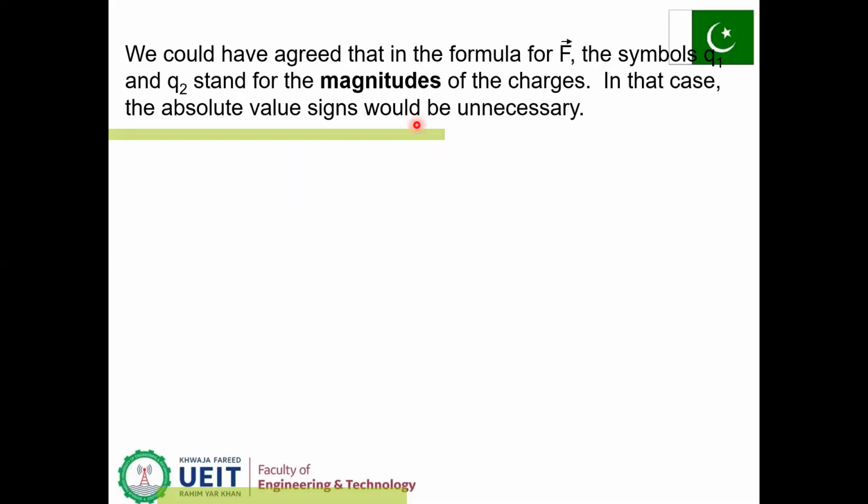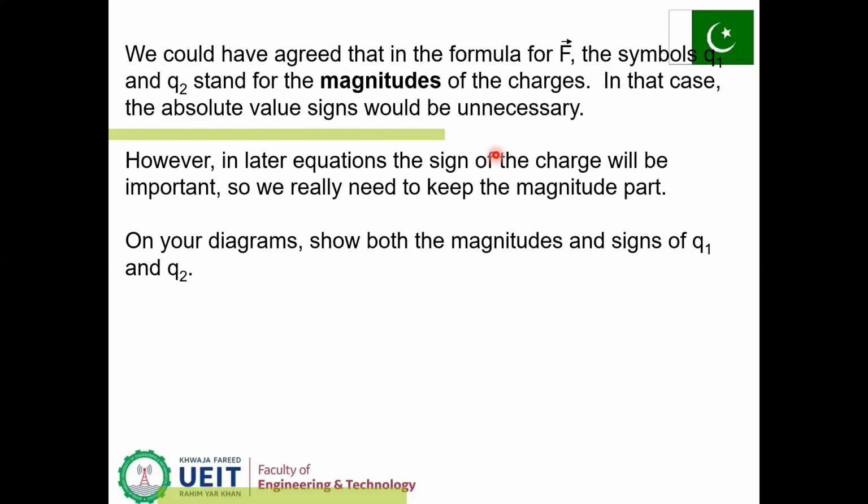We would have agreed that in the formula for F, the symbols Q1 and Q2 stand for the magnitude of the charges. In that case, the absolute value sign would be unnecessary. However, in later equations the sign of the charge will be important, so we really need to keep the magnitude part.